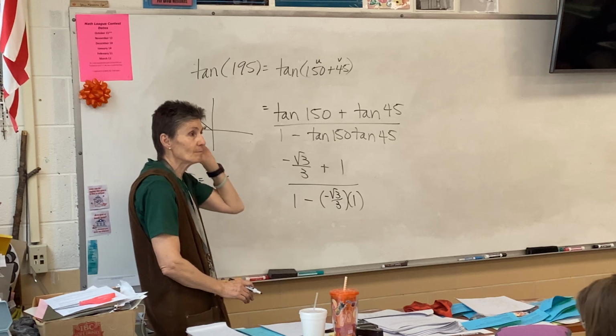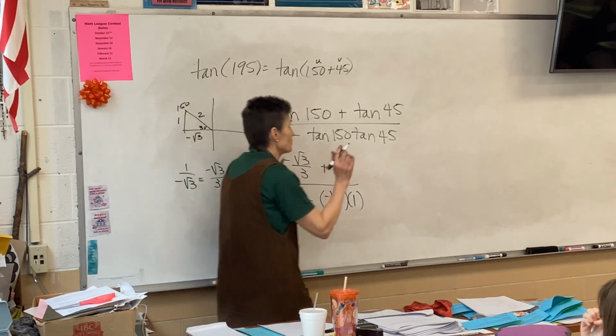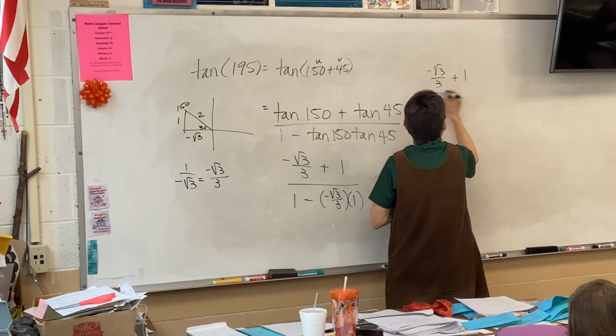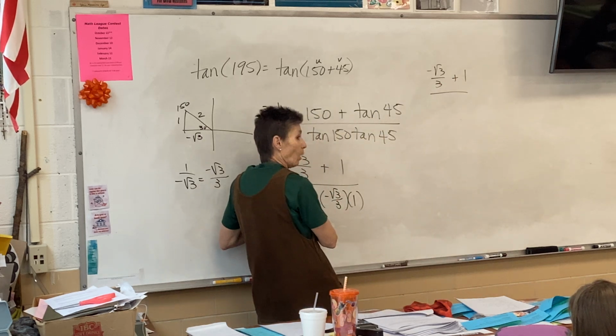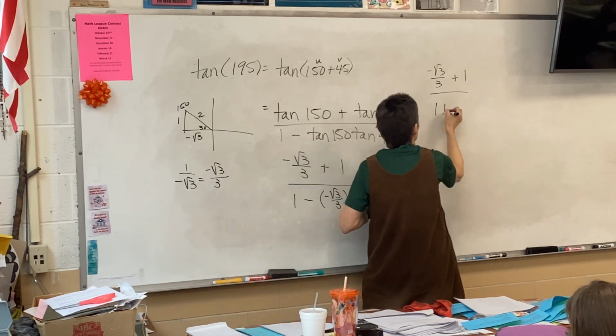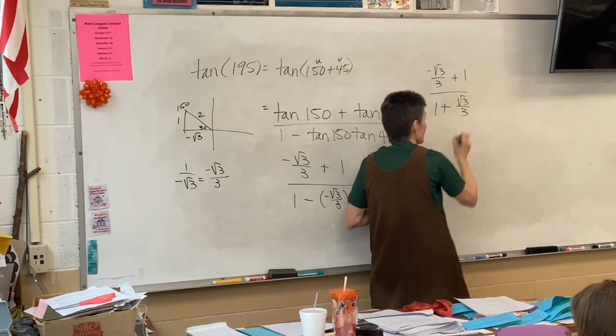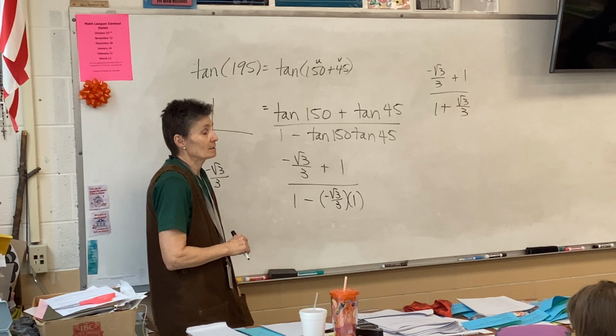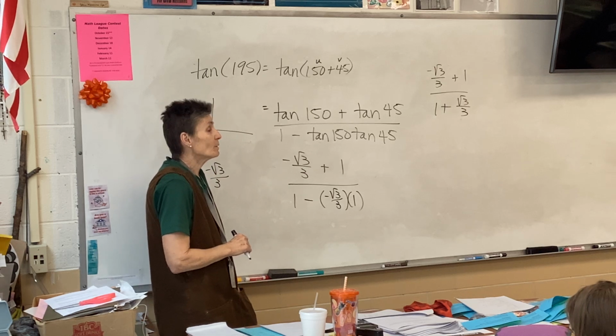Everybody with me here? Okay, let's clean that up just a tad. So we have negative root 3 over 3 plus 1 over 1 plus root 3 over 3. Nothing cancels. What would the common denominator be? 3.